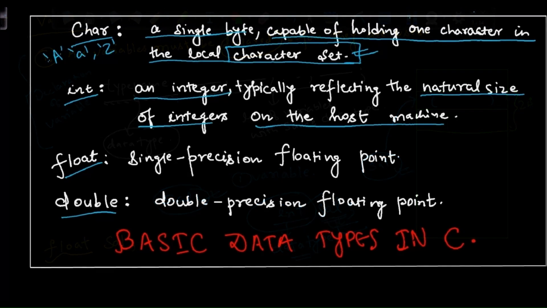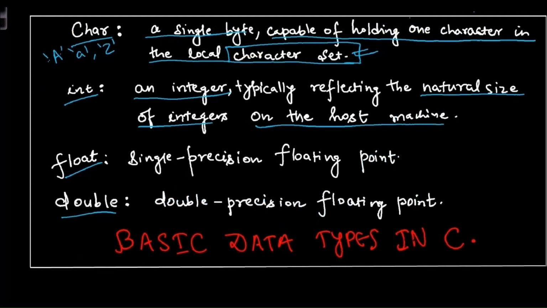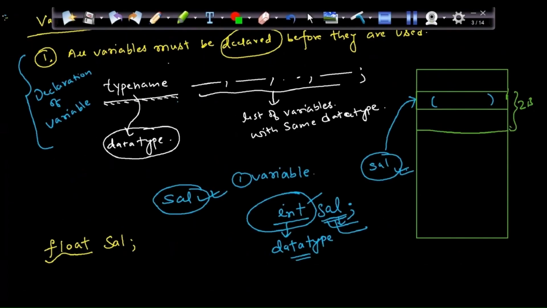Okay, let's see what is character set. The character set is basically the set of characters that is used in C. For example, here I used the word sal for declaring a variable.